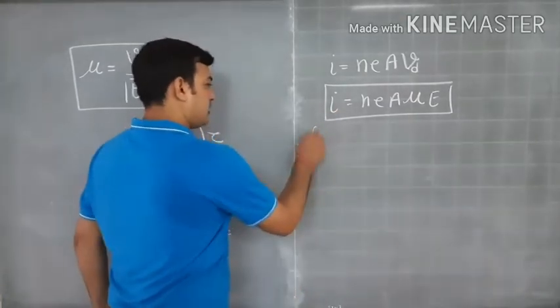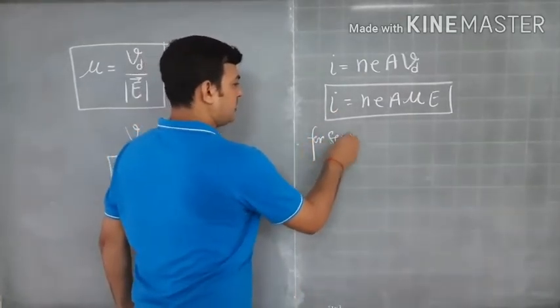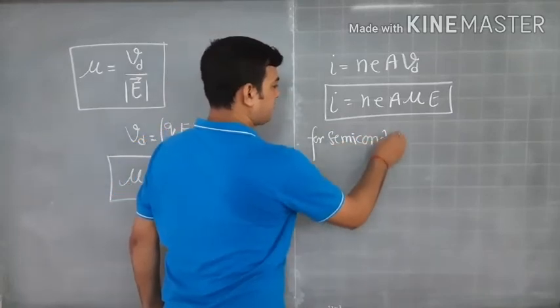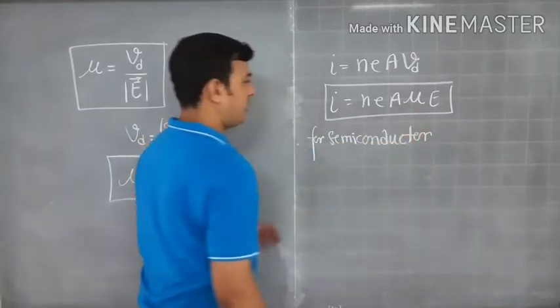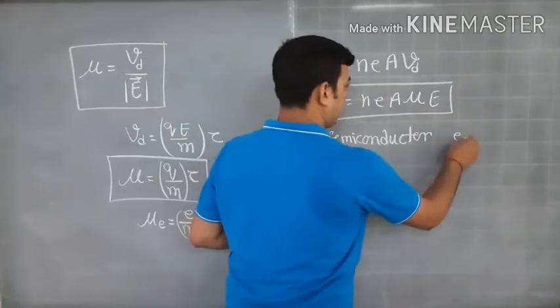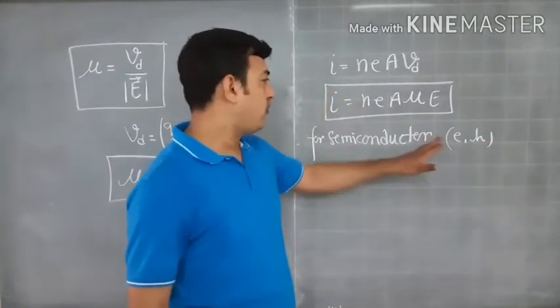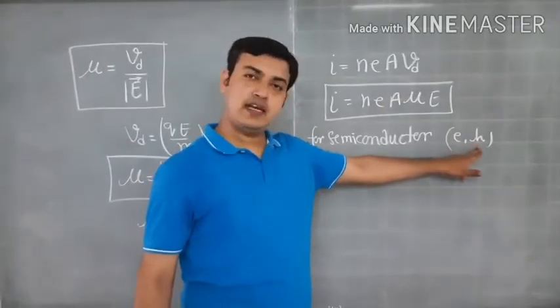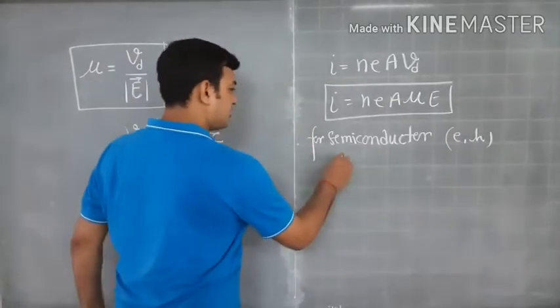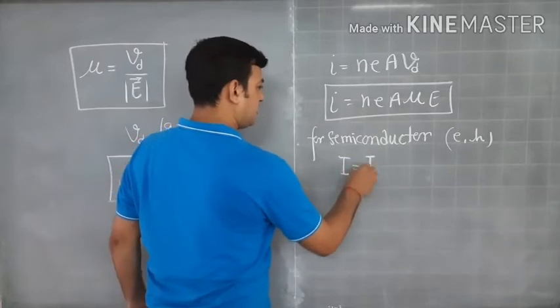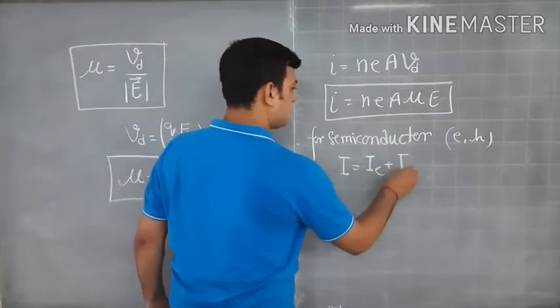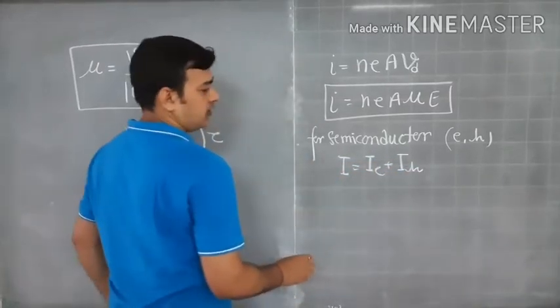Now, for an example, suppose I am considering a semiconductor. We know that a semiconductor contains electrons as well as holes, and the current is due to both electrons and holes. So I can summarize the current as the current due to holes plus the current due to electrons.